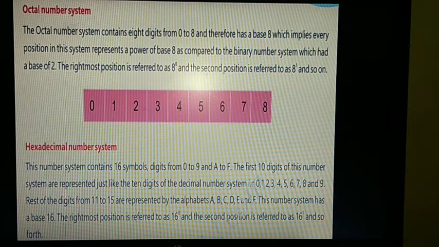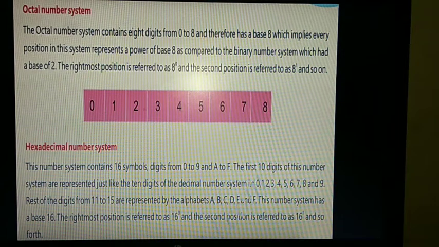Clear? The rightmost position is referred to as 8 to the raise of 0, the second position as 8 to the raise of 1, and so on. Is that clear to all? Once again I will repeat: the octal number system consists of 8 digits, from 0 to 7.